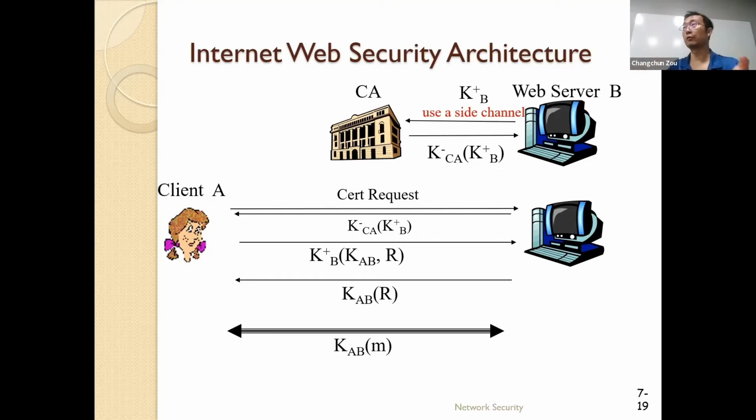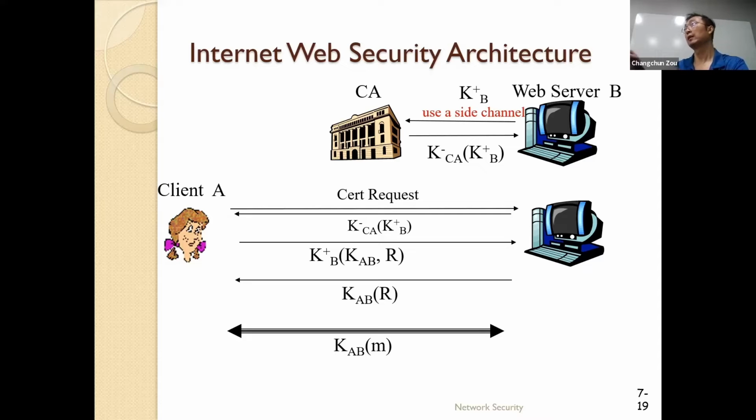Of course, this is a very rough procedure. It's just a concept. In the real world, this KAB is not a single key. It's actually 4 keys or even more. For one direction, you use one symmetric encryption key, and for another direction, you use another.